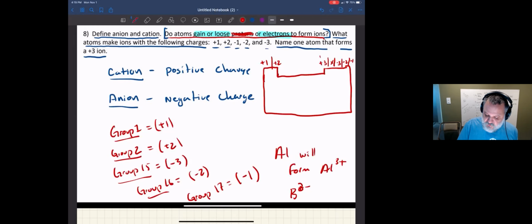So this is 13, 14, 15, 16, and 17. Of course, I didn't quite have enough room to draw it all spread out. But again, group 1 +1, group 2 +2, then skip up to group 13. The two atoms over here, boron and aluminum, will do +3. We don't really think about group 14 doing anything, but then we go -3, -2, -1. Okay.